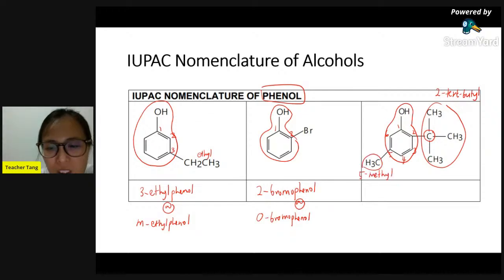Remember, for tert-butyl, the tert we do not take into account. We take into account the B of the butyl, and this is M. Which one comes first? B comes first. Therefore, this compound is called 2-tert-butyl-5-methylphenol.